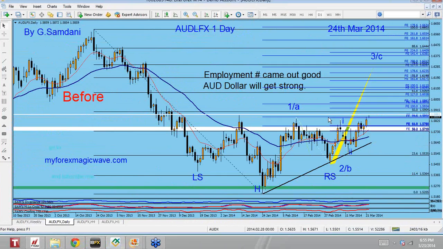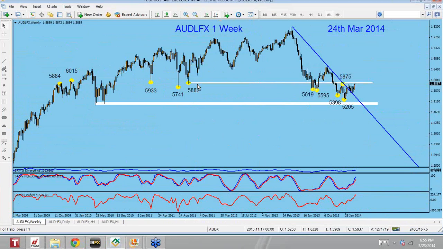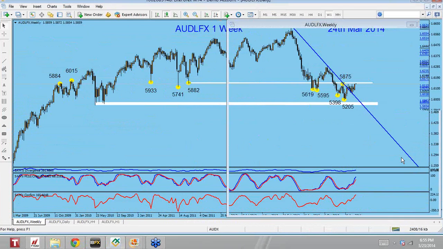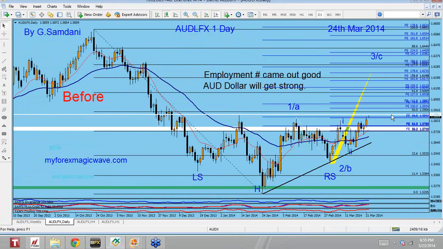I guess too many pairs and too many indexes. But anyway, this low is the key number now, 5882, not 81. So it was 5882. If this holds, then we will go back down. And if the index drops, then Aussie gets weaker and our Aussie USD will drop.